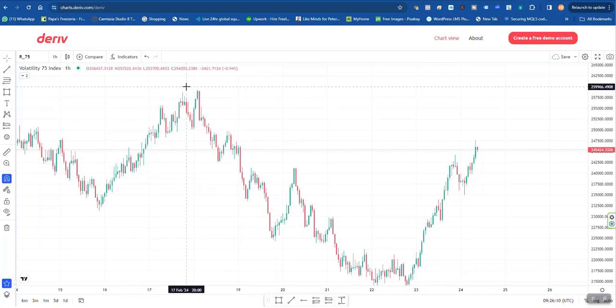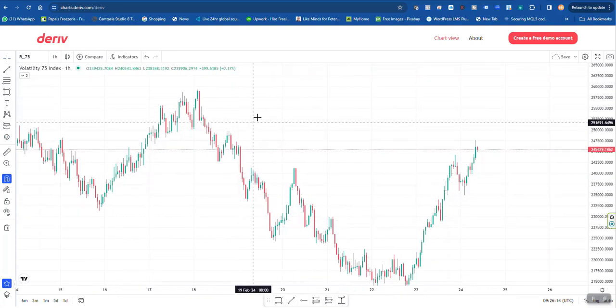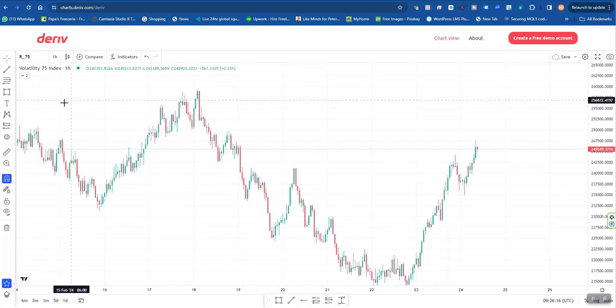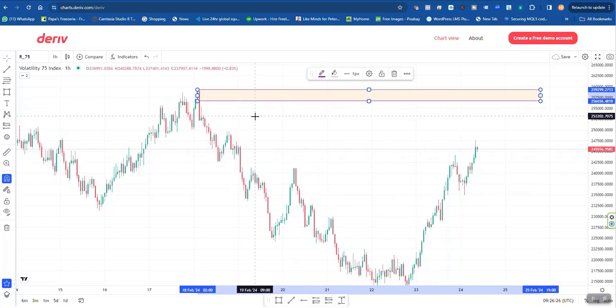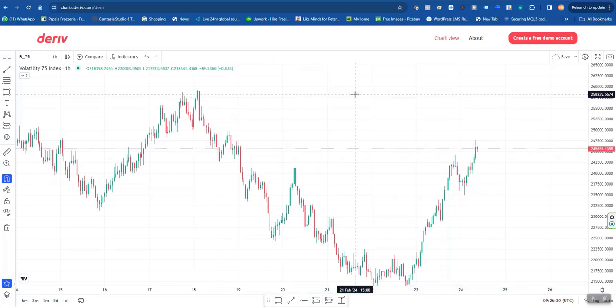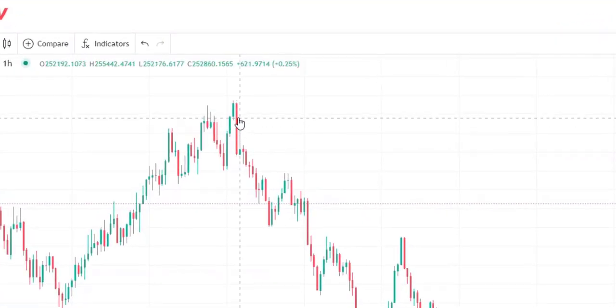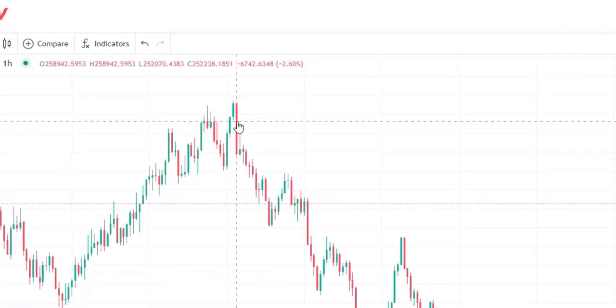So from this point here, can we see any points of interest? Yes, we can. From the topmost, we can see this here. In fact, we can first of all see, can you see this fair value gap here? You can see this imbalance here.